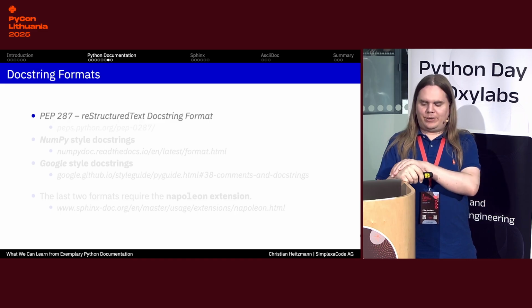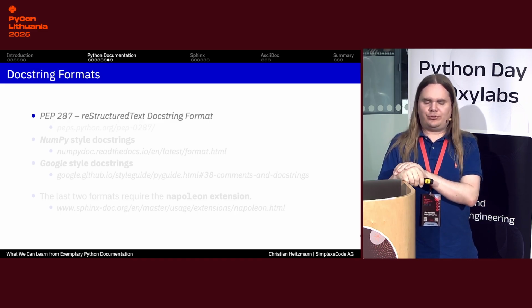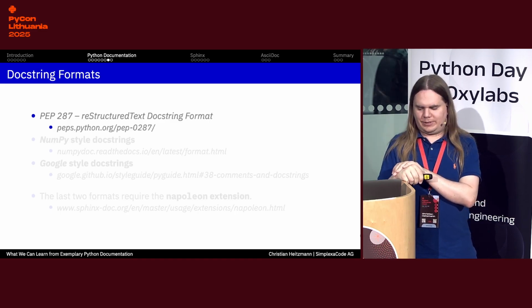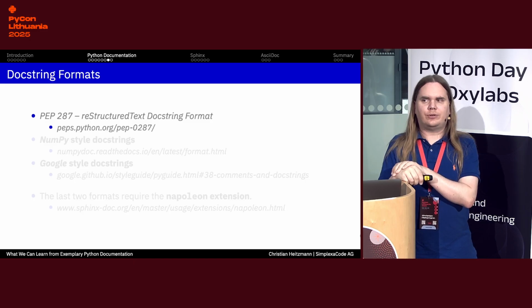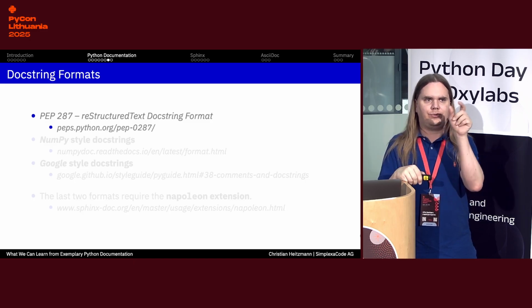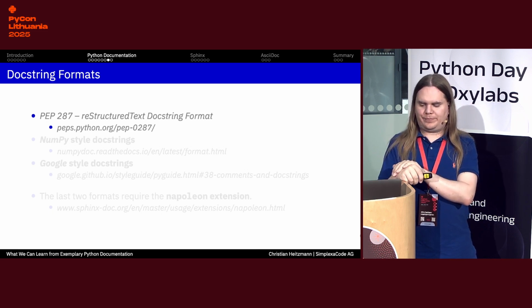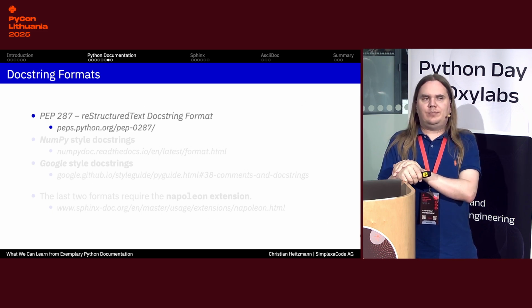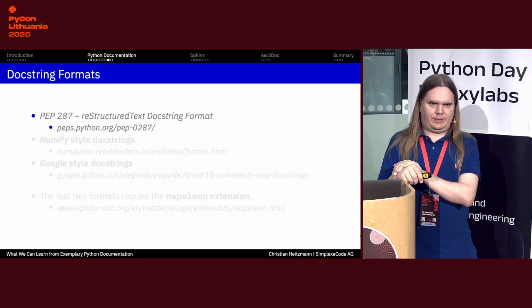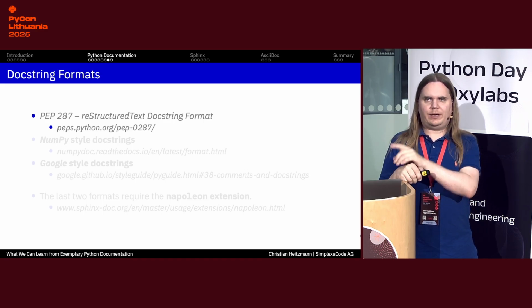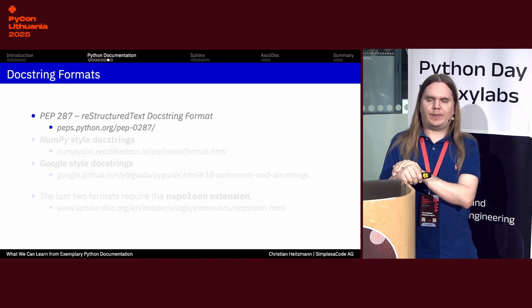PEP 287 describes the reStructuredText docstring format, and it tells you how your docstrings should look and how you describe attributes and parameters and functions and methods, all that stuff. It's a little bit cumbersome to write, so usually you don't do it the way that it's recommended in this official PEP.